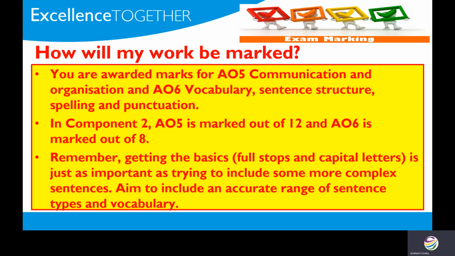Remember, getting the basics, things like full stops and capital letters, is just as important as trying to include some of the more complex sentences that you might want to go at. Aim to include an accurate range of sentence types and vocabulary. But remember, get your punctuation and stuff like that right, and don't make silly errors, really. And you're going to keep clocking up those marks, I guess.